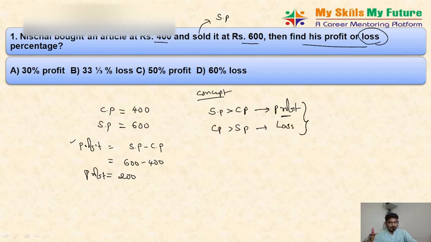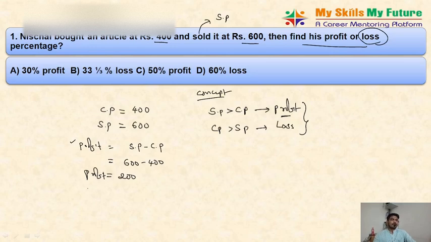So this basic point I already covered in the introduction part. If anyone has missed that part, let us try to watch that video first and come to this video. Why? Because in order to understand the concept clearly and in order to solve the problems in an easy manner, you need to know the basic concept of profit and loss.